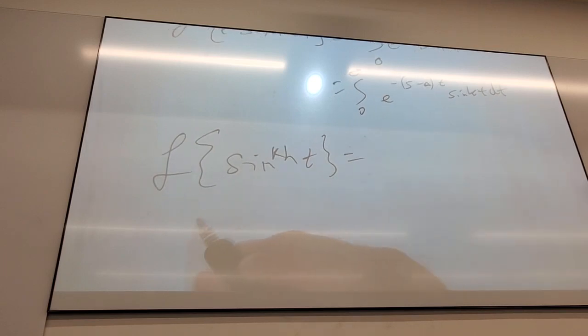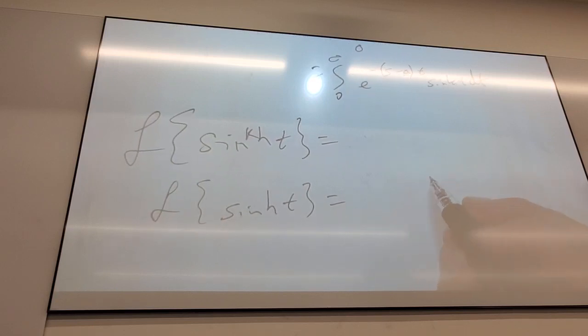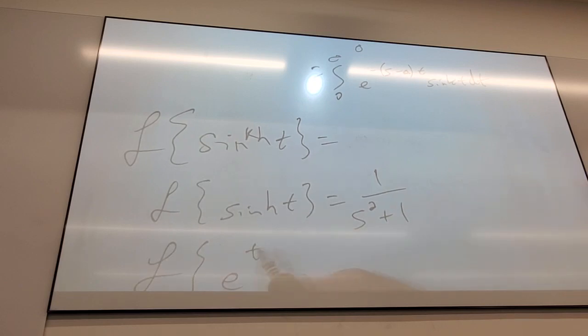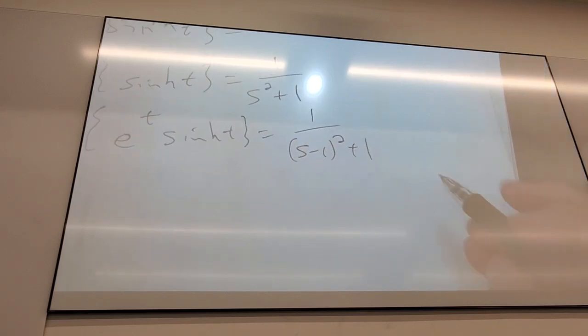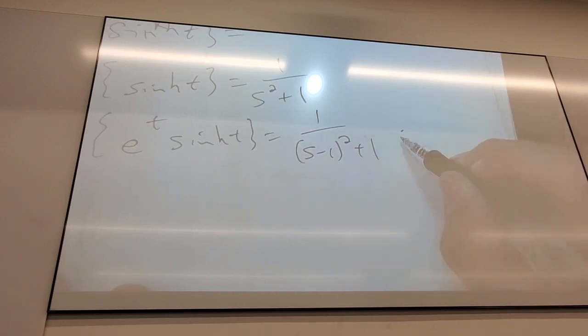So if I do the Laplace of sinh t, I will get 1 over s squared plus 1. So the Laplacian of e to the t times that should come out to be this, yes. But what they did was they went further. They tried to do partial fractions.